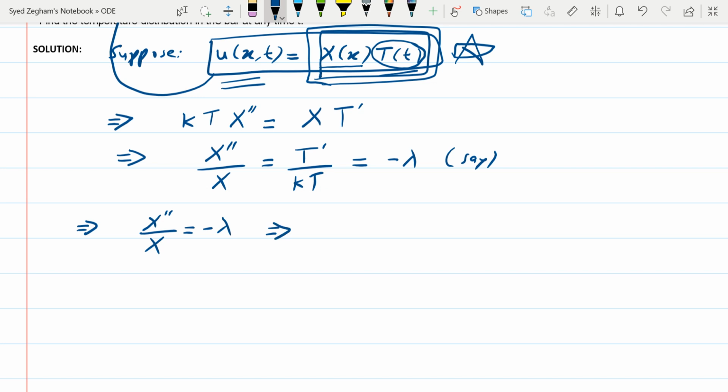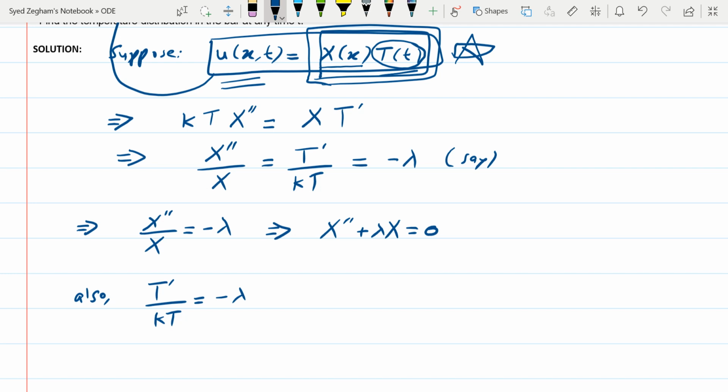And the second equation which I will get will be t prime divided by kt is equal to minus lambda. From the first one, I will get x double prime is equal to minus lambda x, or you can simply write it as x double prime plus lambda x will be equal to 0.